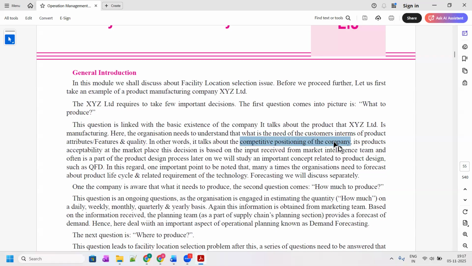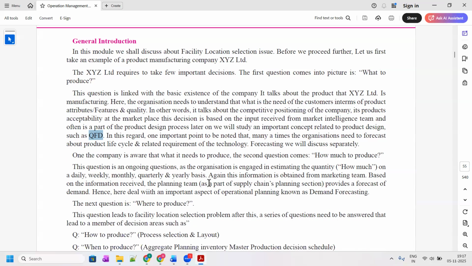We are just doing research, and that research is part of the quality function department, where they think about the positioning of the product and how it would satisfy the need of the consumer, and how, because of competition, they could scale up or level up that product in the mind of the consumer. The next question the company can think about is how much to produce.